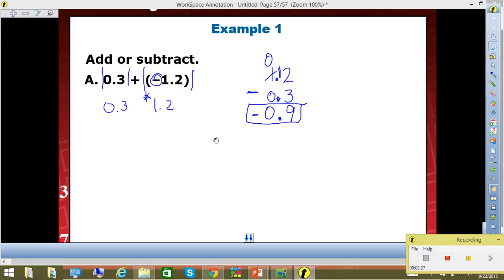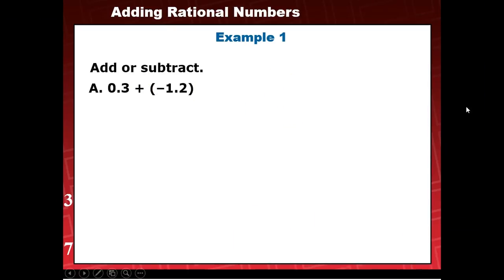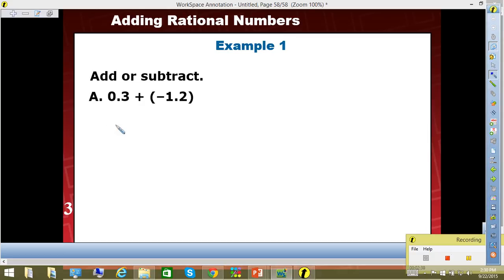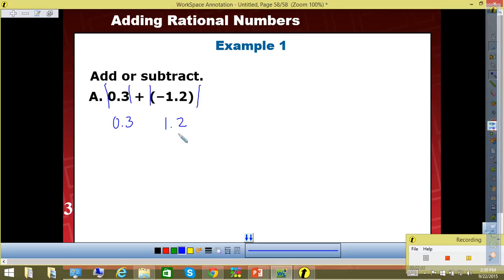The second way is using the number line. So pay attention to this part. Here it goes. So to use the number line, first of all, I need to find the absolute value. Let's see. This is 0.3. This is 1.2. So the biggest one is which one? 1.2.